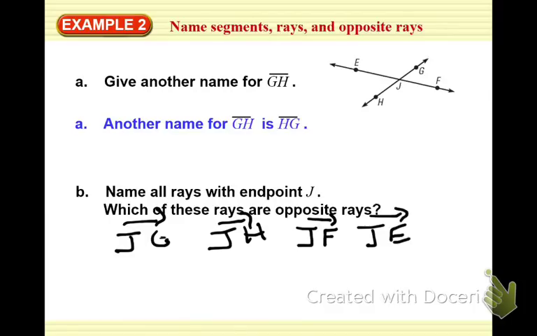Now, which of those are opposite rays? Zach? Okay. HG. Is HG a ray? Opposite rays. I think you're naming the lines. So we're picking out the lines. But which ones are the opposite rays? Actually, we have all the 4 rays here, right? Which of those 4 rays are opposite rays? That's what I'm asking. What do you think? Can you pick out a pair now?